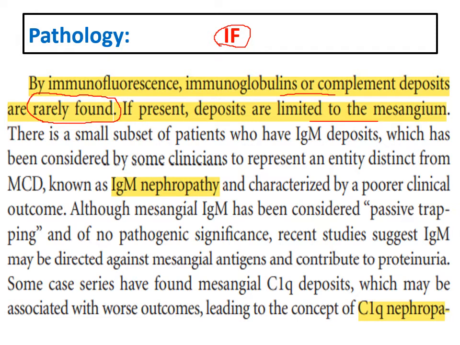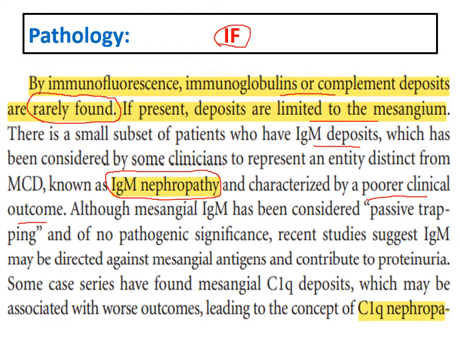Some patients can show IgM deposits, and some clinicians, some nephrologists, يعني prefer أو they think that it might be IgM nephropathy، وغالبا بيبقى ده poor clinical outcome، بيبقى more severe nephrotic presentation وبيبقى poor prognosis.